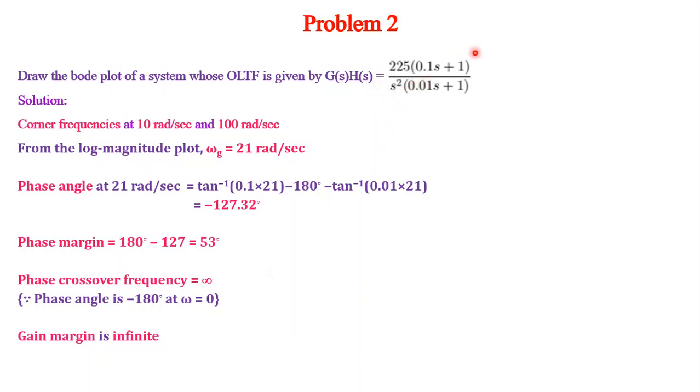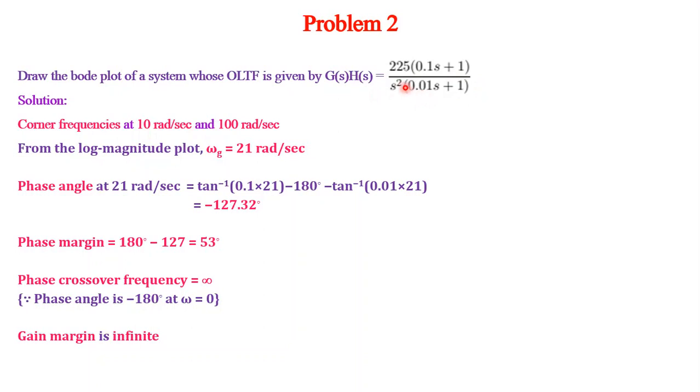Now when I add one more factor, it changes the slope from 0 to plus 20 at 10 radian per second. So minus 40 plus 20 is minus 20 dB per decade from 10 to 100. At 100, this factor is playing its role. This is in the denominator, therefore it will add minus 20 dB per decade. Therefore minus 40 dB per decade.